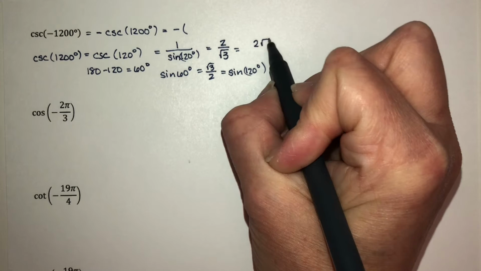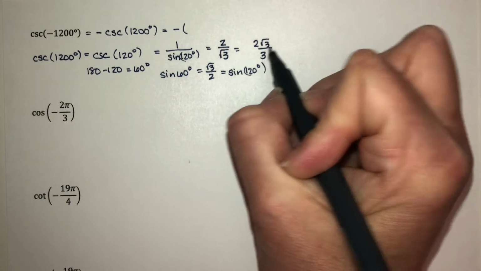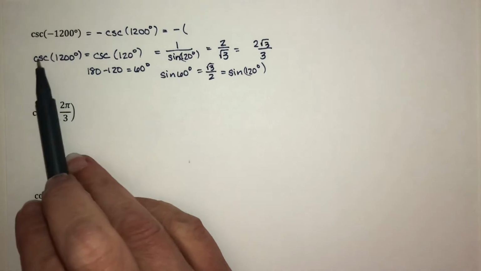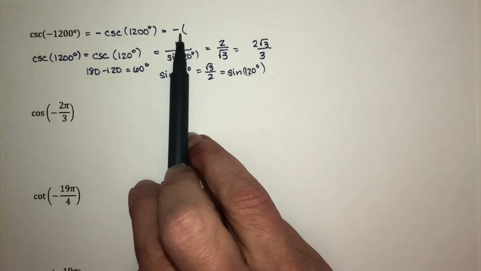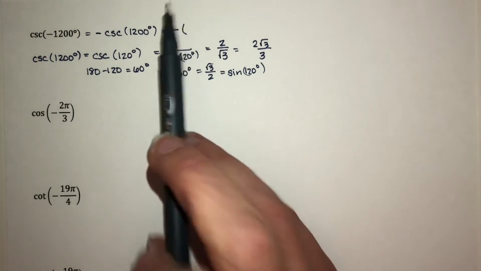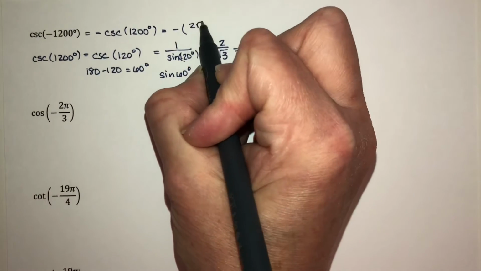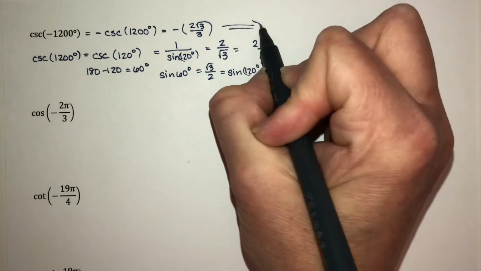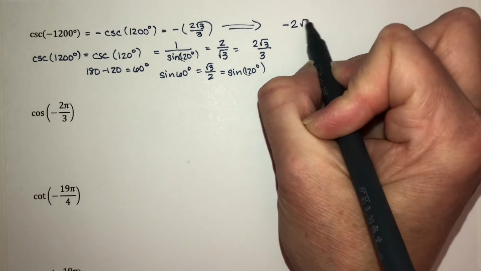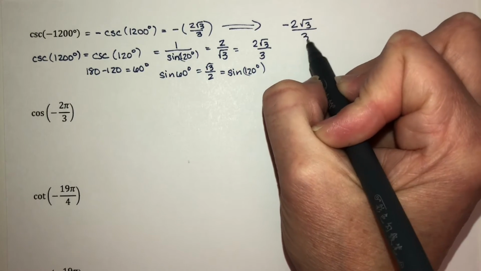So you have 2 square root 3 over 3. Now this is cosecant of positive 1200. I have the negative here. I need to put this answer in here. So your answer is negative 2 square root 3 over 3.